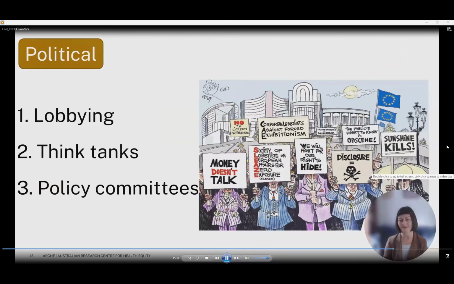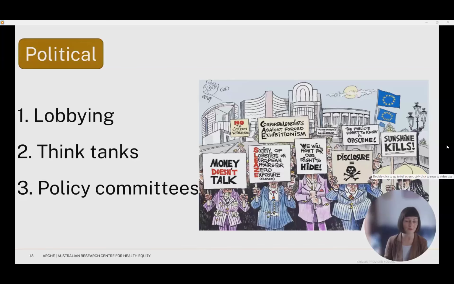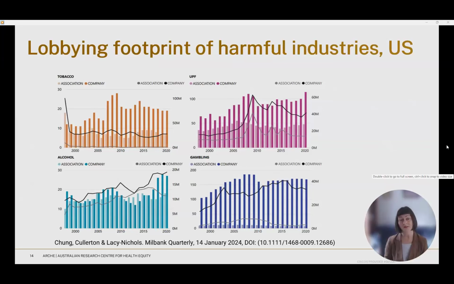They lobby, they set up think tanks, they sit on policy committees, all about trying to influence the policy and the regulatory environment. This is some work that has been done looking at the lobbying of harmful industries, tobacco, ultra-processed foods, alcohol and gambling in the US.